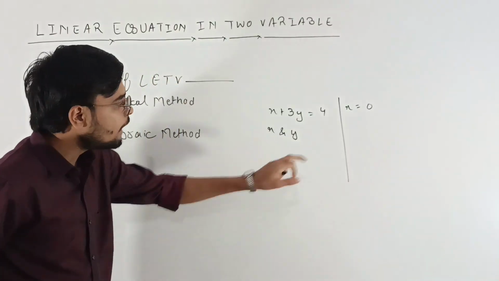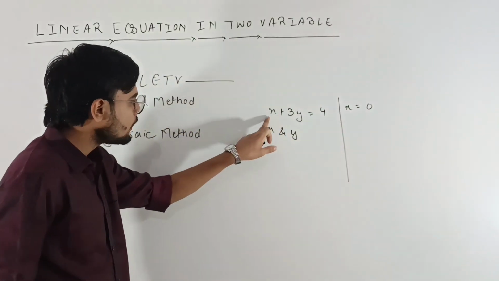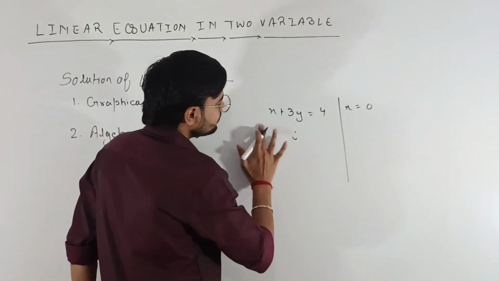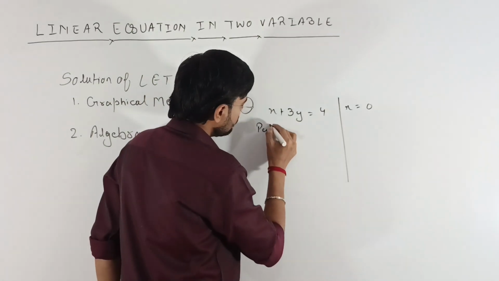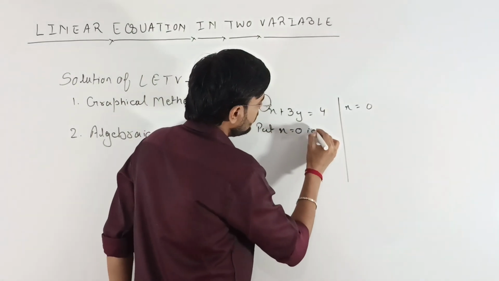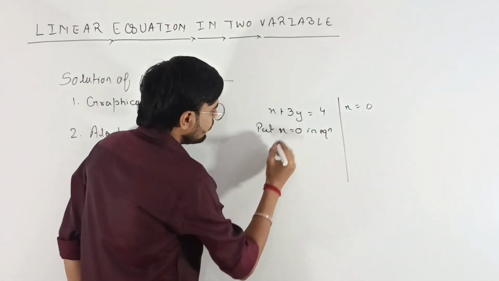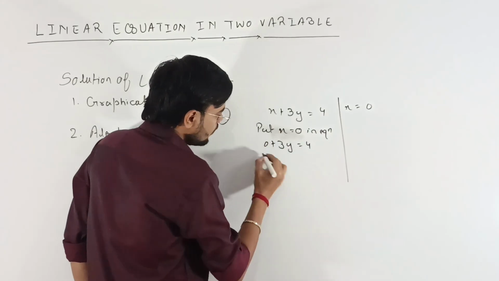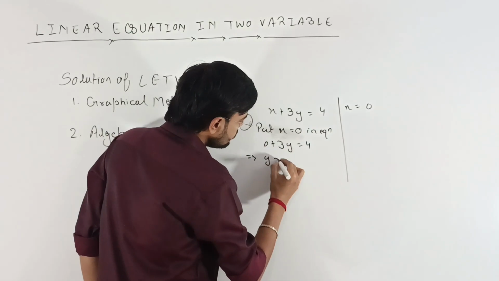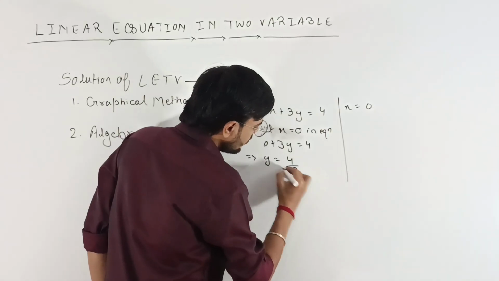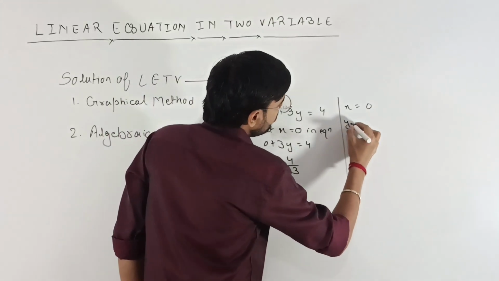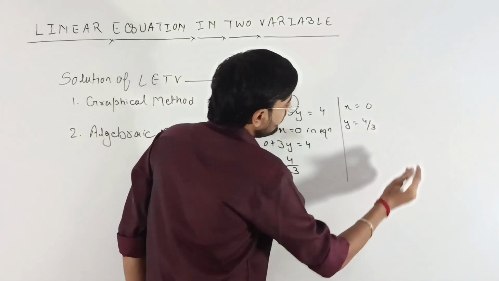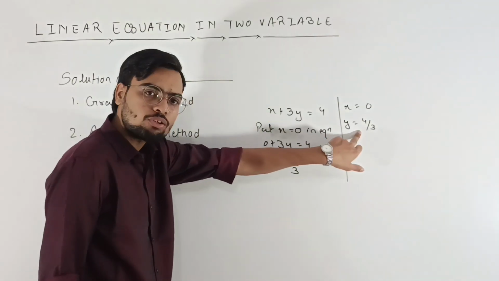Now second step is I put x is equal to 0 in place of x in this equation. Then what I get? 0 plus 3y is equal to 4. Now solve this. Then y is equal to 4 upon 3. So what is the value of y? y is 4 upon 3. Okay. When x is 0, then y is 4 upon 3.